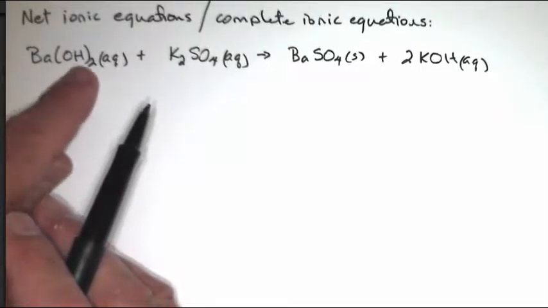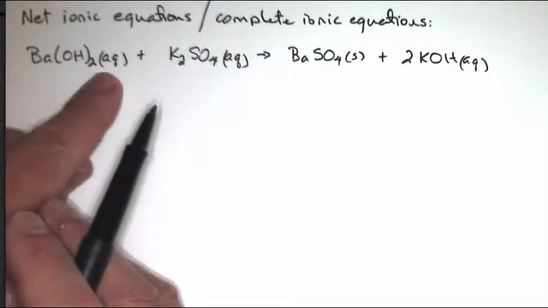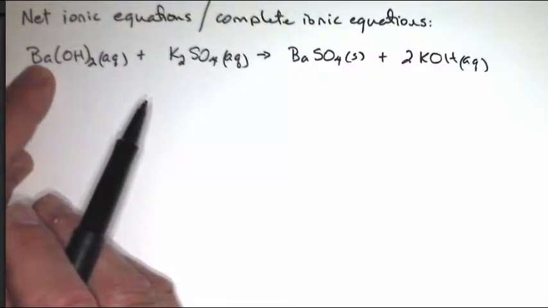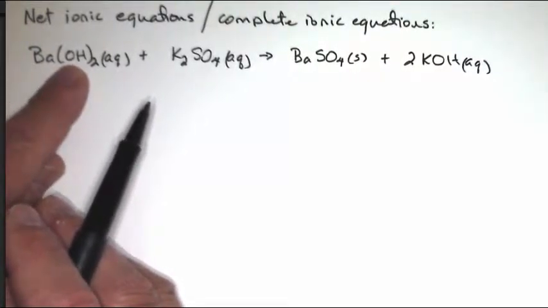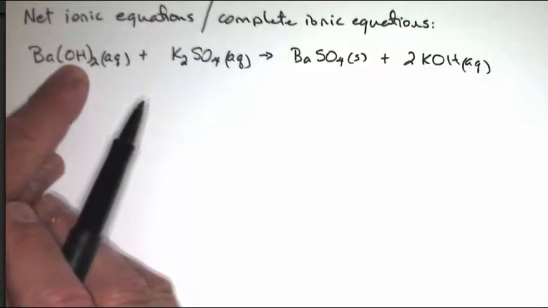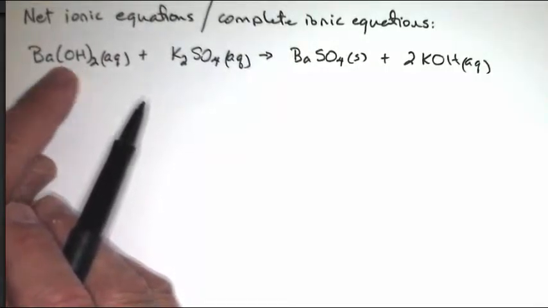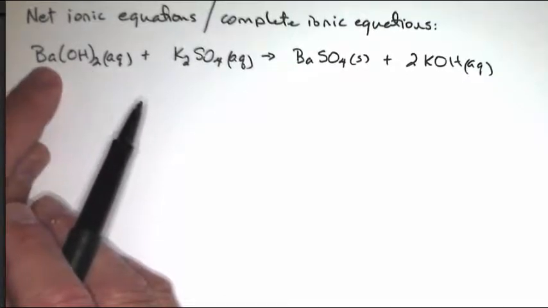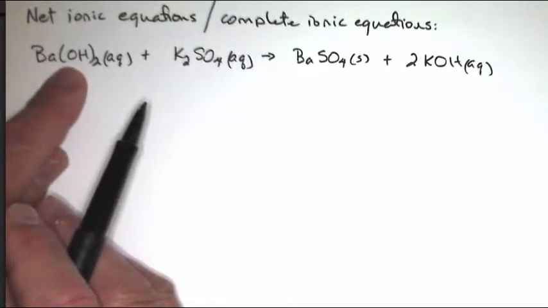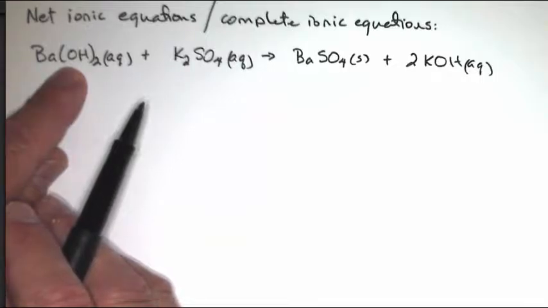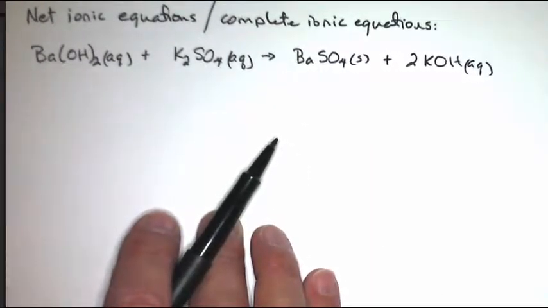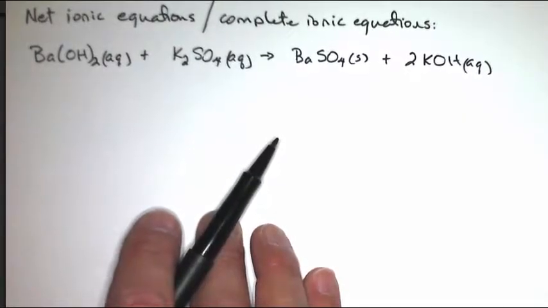So when I put this in water, it's aqueous. We've identified it as aqueous. This is being separated from this, or from both of these, because there's two hydroxides, okay? So what's really in water is not BaOH2, it's Ba with a 2+ charge and two hydroxides. That makes sense? A complete ionic equation is only writing out the things that really exist.